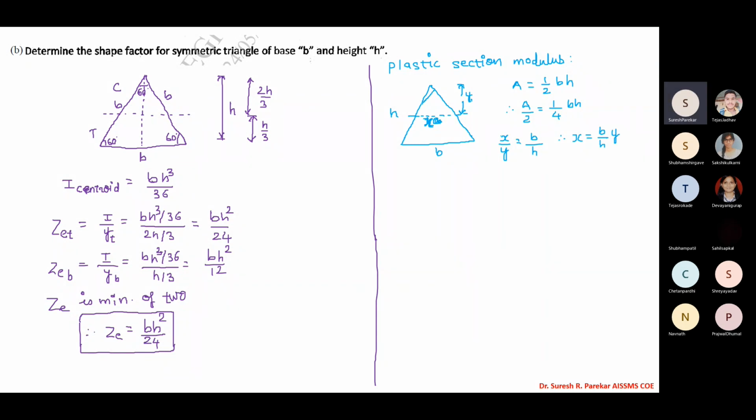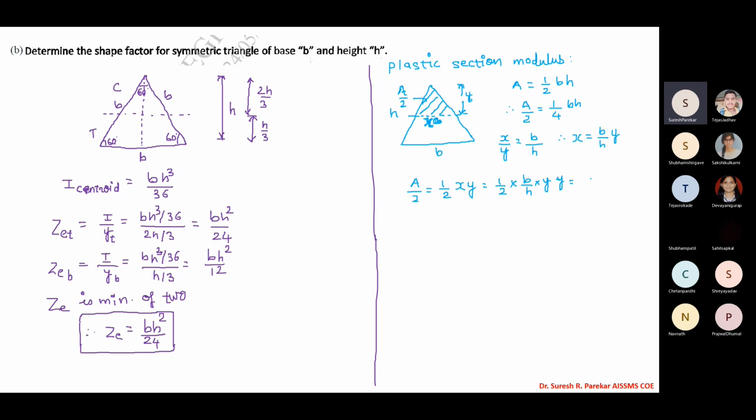Now let us say the area of this triangle. We have to find the plastic neutral axis. So the area of this is A by 2. So we have A by 2 equal to 1/2 X into Y. X we know, X is B upon H into Y, into Y again.